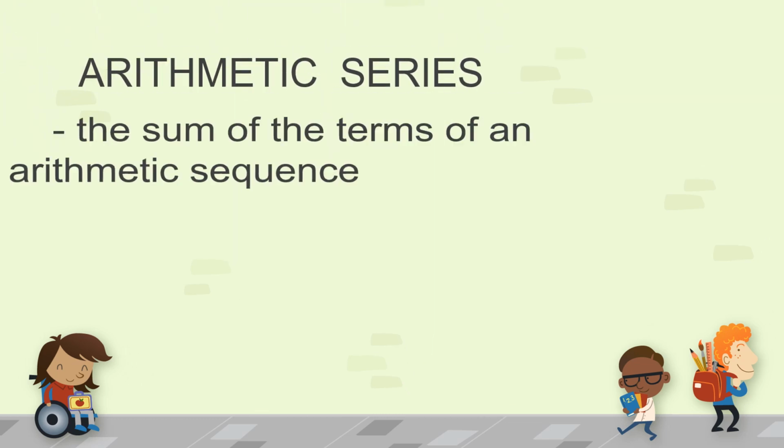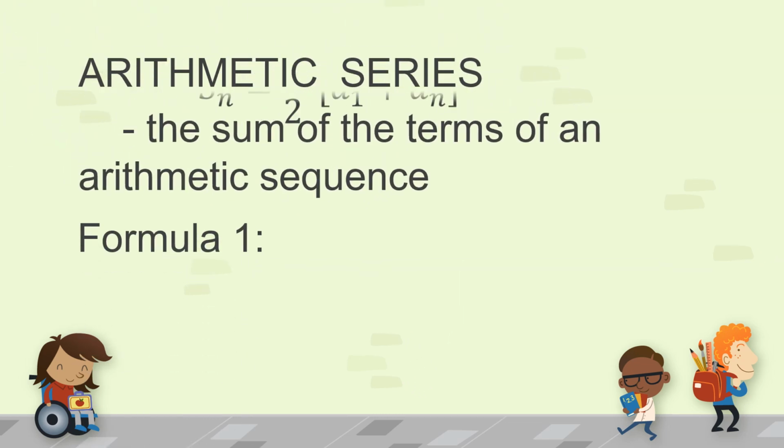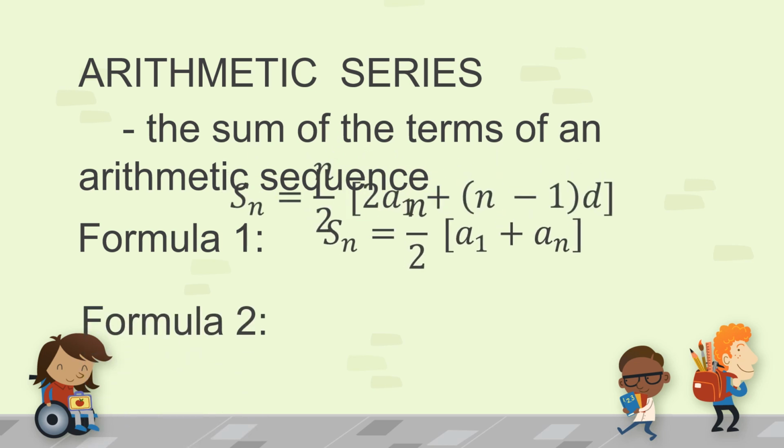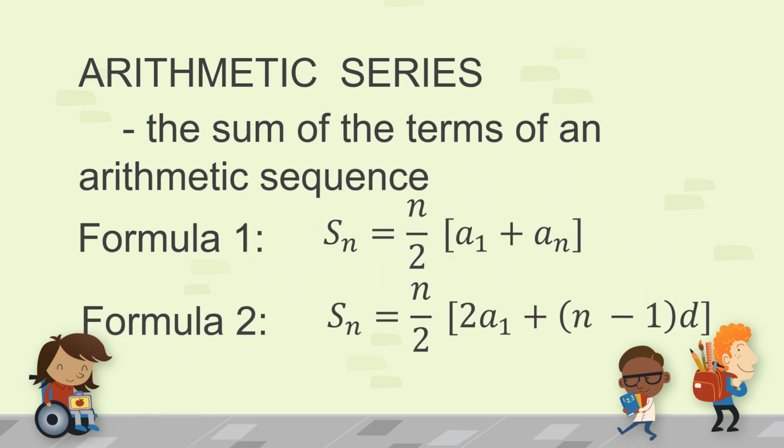For the arithmetic series, we can use these two formulas. One is S sub n is equal to n over 2 times the sum of the first term and the last term.